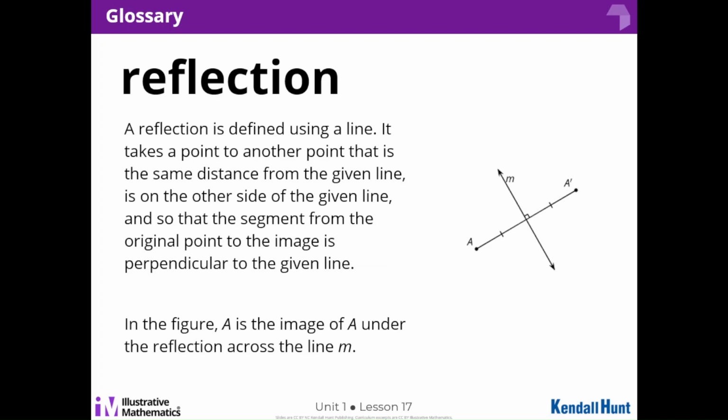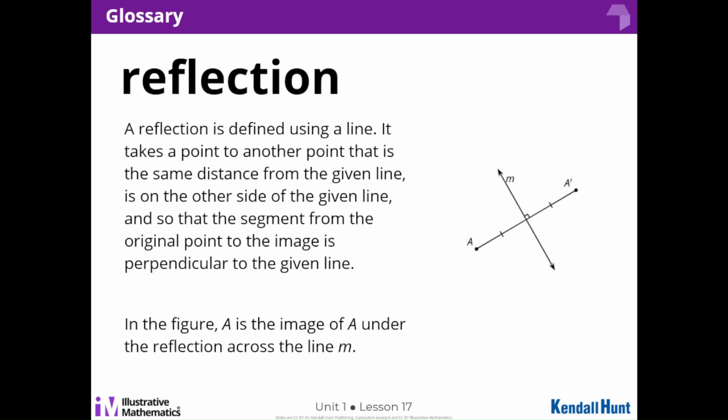Next, we have reflection. A reflection is defined using a line. In this case, that would be line M. It takes a point to another point that is the same distance from the given line, is on the other side of the given line, and so that the segment from the original point to the image is perpendicular to the given line.